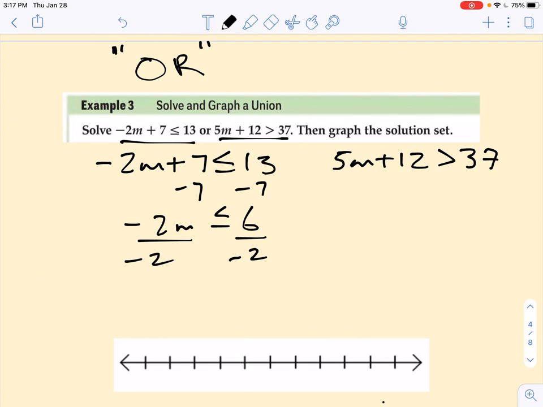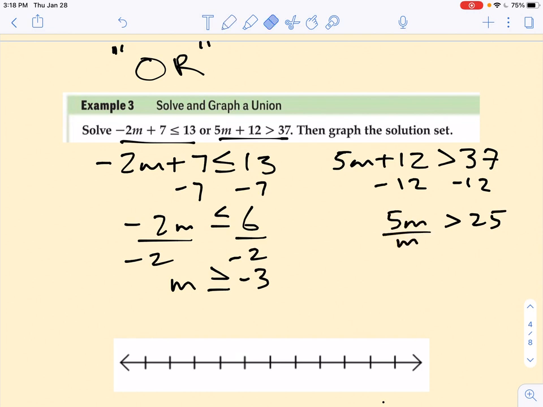Because you're dividing by a negative number, you're going to flip that sign around, so you get m is greater than or equal to negative 3. And then over here, you have 5m plus 12 is greater than 37. If we subtract 12, that gives you 25. 5m is greater than 25. My brain's not working. Been a long day, guys. Divide both sides by 5, and you get m is greater than 5.